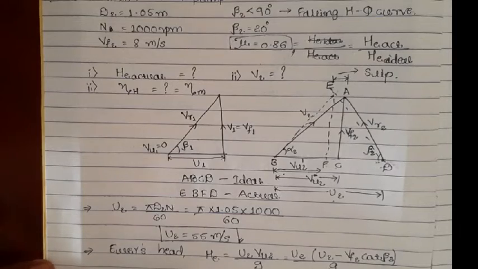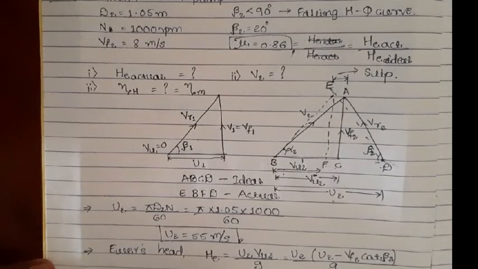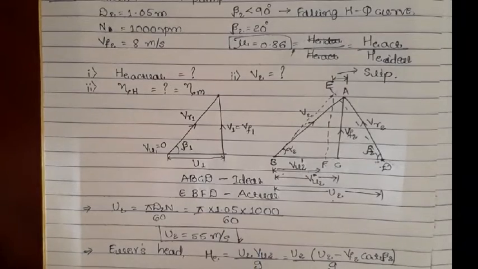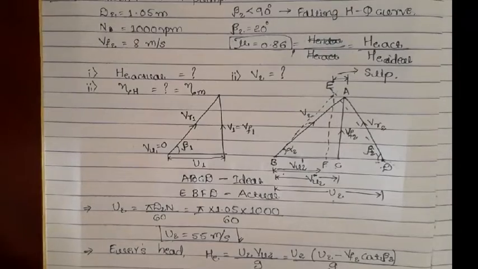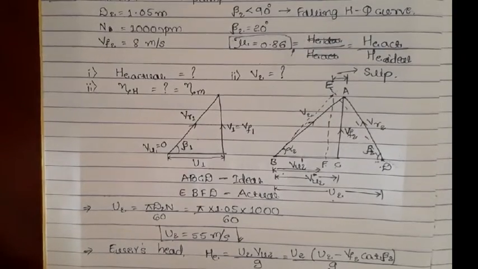Since all these values are given, HE is equal to U2, which is 55, into 55 minus Vf2, given to be 8 meter per second, into cot of beta 2, where beta 2 is given as 20 degree, divided by g, 9.81.